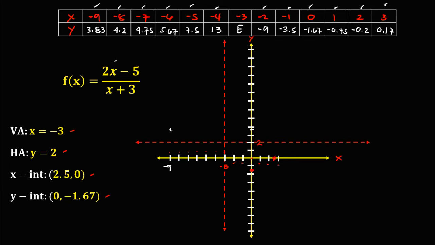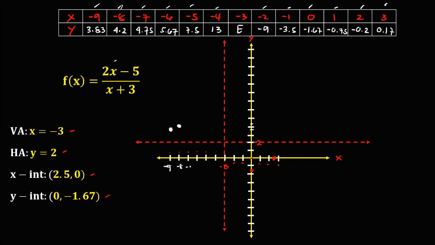So this is now the point of negative 9 and 3.83. Then for x equals negative 8, y is 4.2. So 1, 2, 3, 4, maybe this one is 0.2. So this is now the point of negative 8 and 4.2.